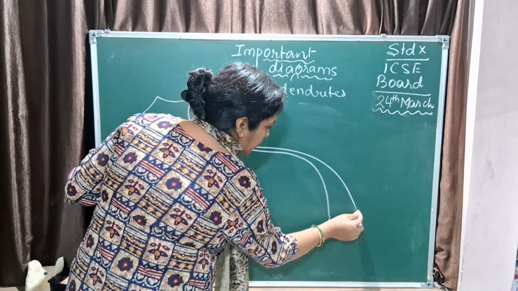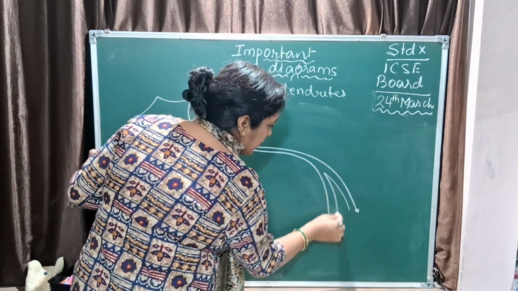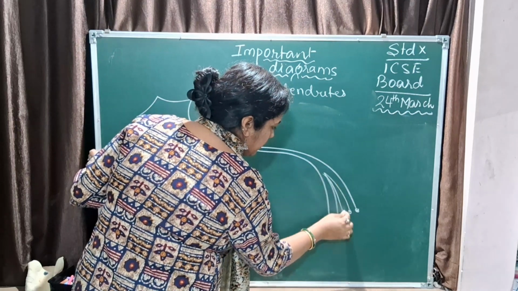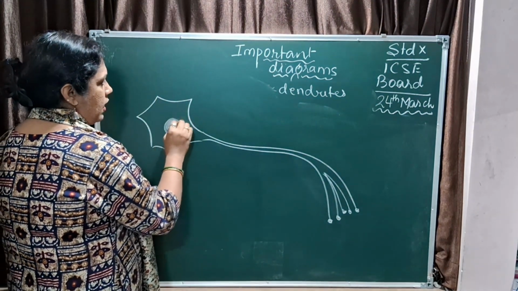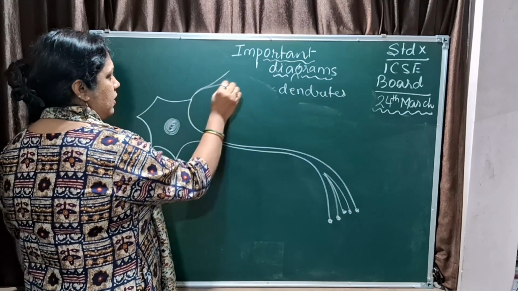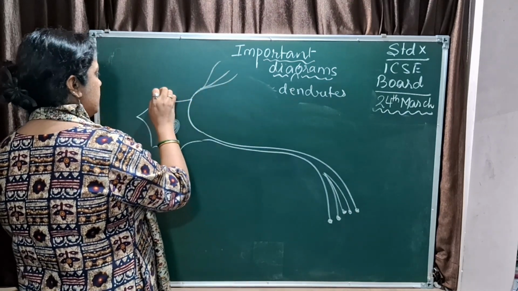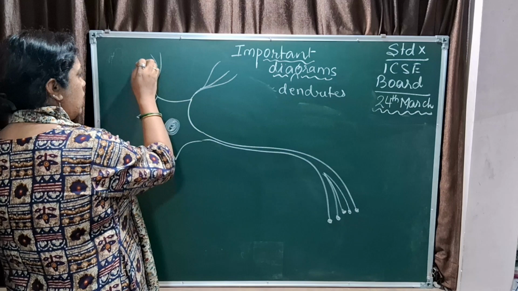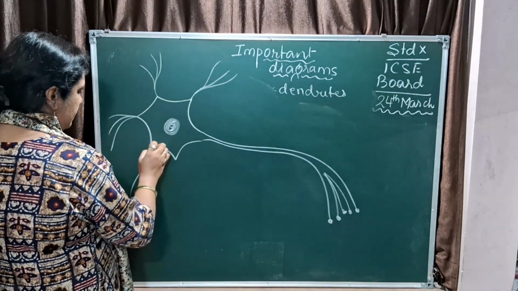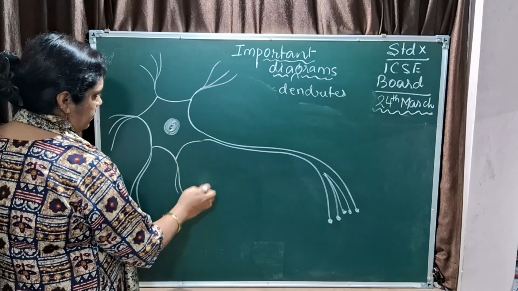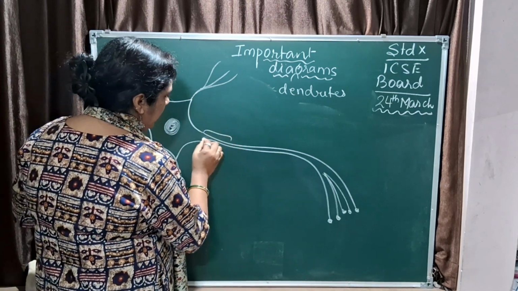At the end, make a knob, that is the axon terminal. Yes, it has got a nucleus and it has got the cellular extensions. This is called the dendrites. And it has got the myelin sheath.